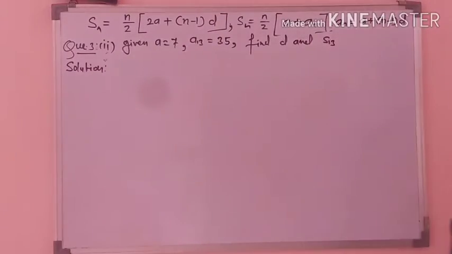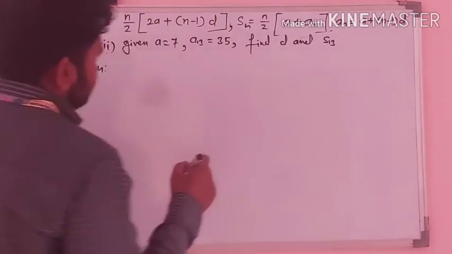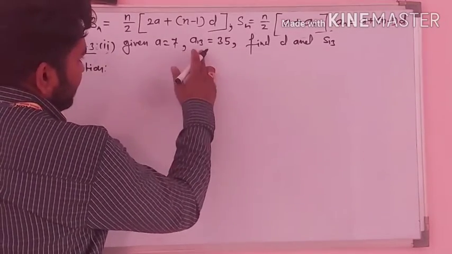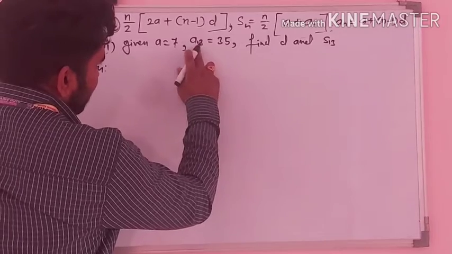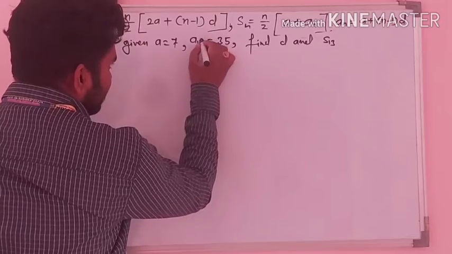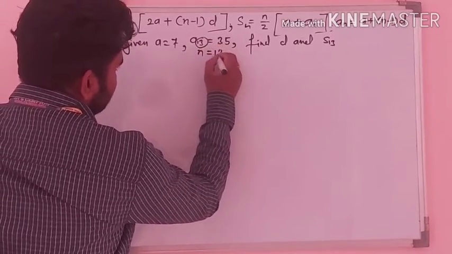Okay, so let's see. A13. So here a is given, a13 is given, that means this is an, that means n is equal to 13.